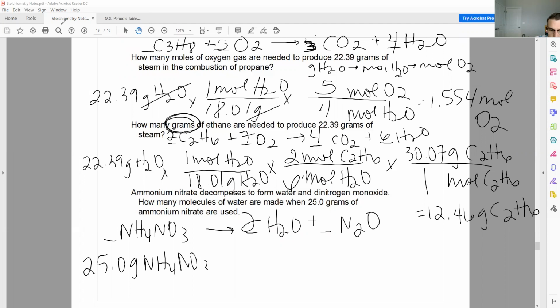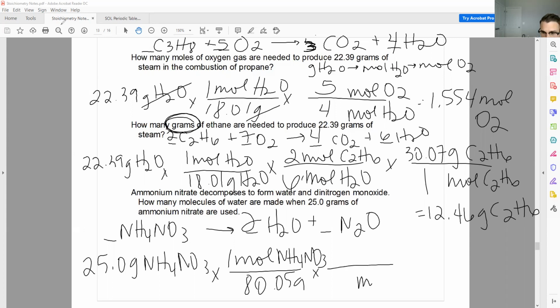Sure, we can do that. We're going to go from grams to moles, moles to moles, moles to molecules in this case. 1 mole of ammonium nitrate gives me 80.05 grams. Then we're going to go from moles of ammonium nitrate to moles of H2O.